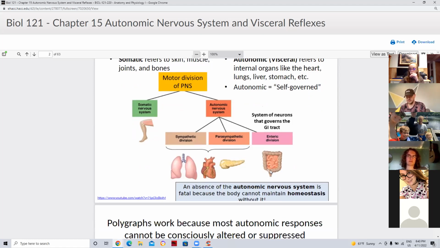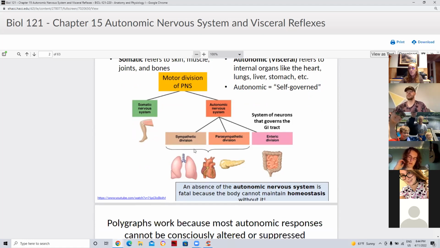Absence of a sympathetic nervous division is not fatal. You just need to deal with low stress situations. Absence of a parasympathetic division is fatal. If you read the very beginning of your book, it talks about some studies that were done in dogs.